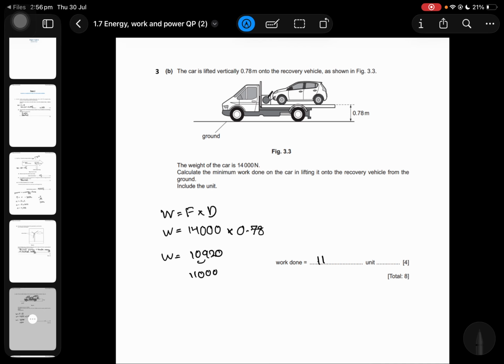So the work done is 11,000 and the unit is joules.